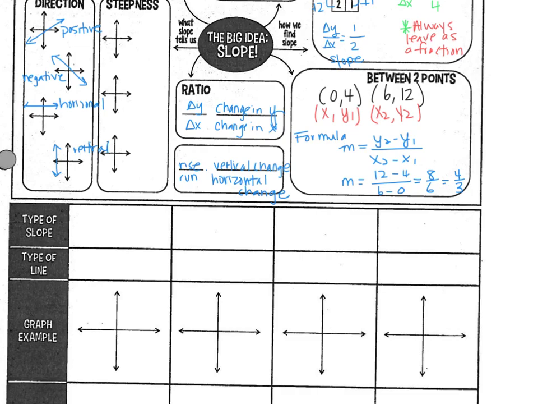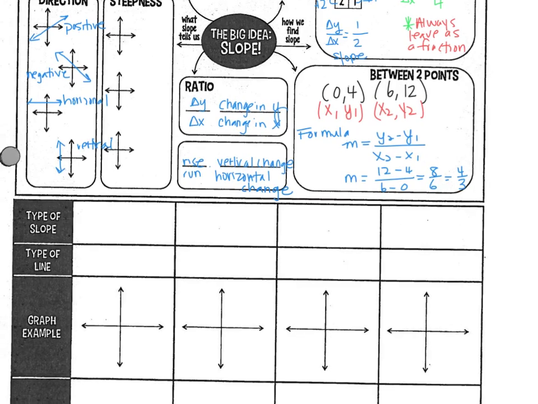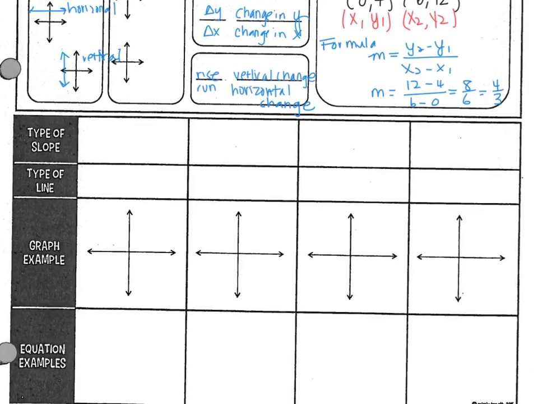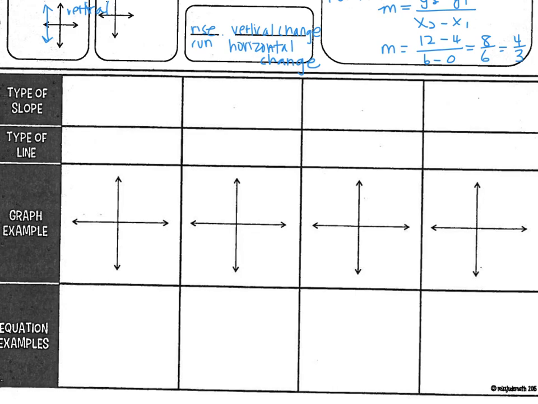So we're just going to talk about graphs and types of slope for a second, and then we're going to do some practice. Our first type of slope that we talked about earlier was a positive slope. With a positive slope, the line is always going to be a diagonal that comes up from the bottom to the top.